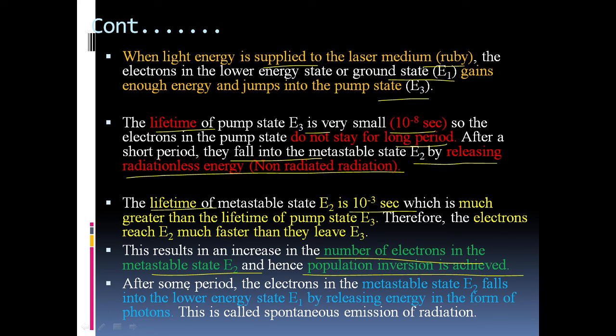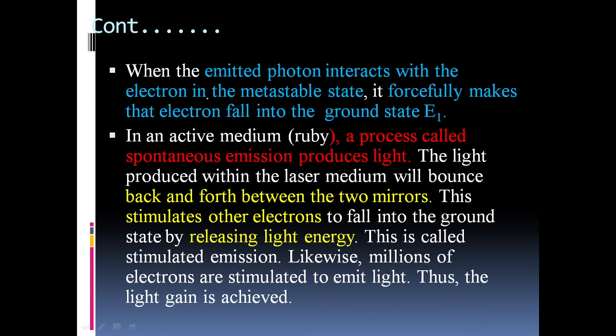After some period, the electrons in the metastable state E2 fall into the lower energy state, as I told you, by releasing energy in the form of a photon, which is called spontaneous emission. When the emitted photon interacts with the electrons in the metastable state, it forcefully makes the electron fall into the ground state.